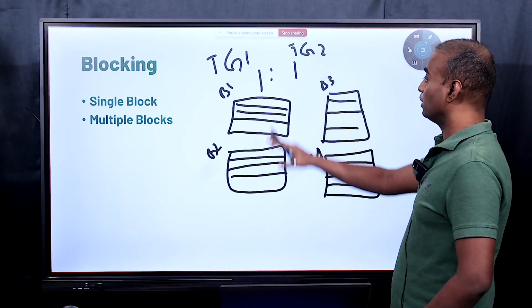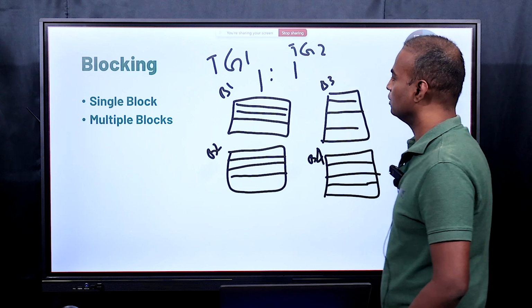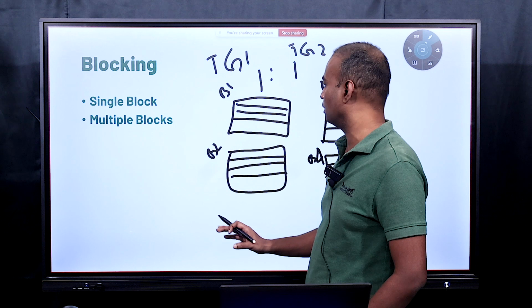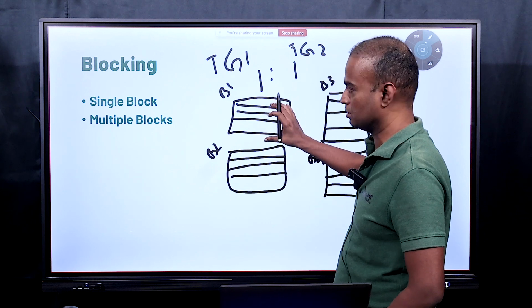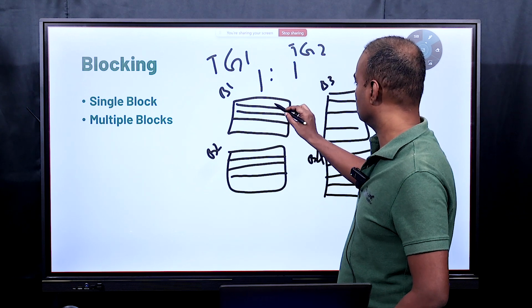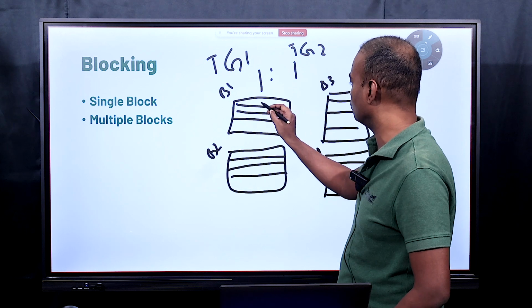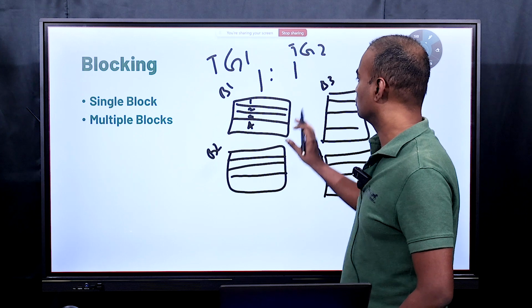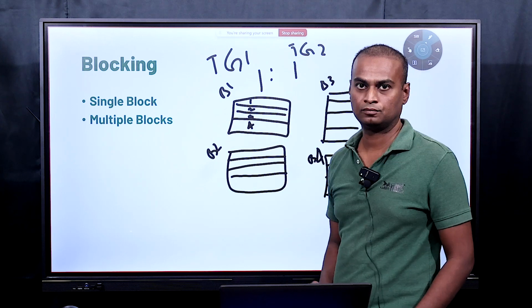I will ensure that the block is as small as possible. There is a formula for how we calculate the block size. So here the block size is 4 because there are only 4 entries in the block: 1, 2, 3, 4.